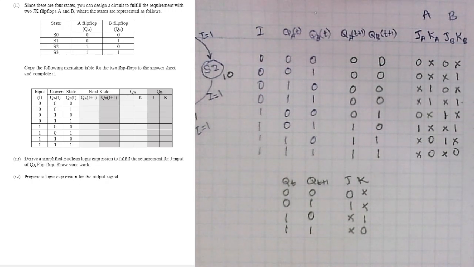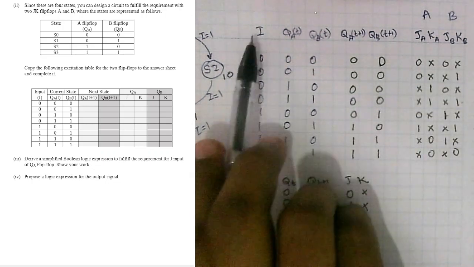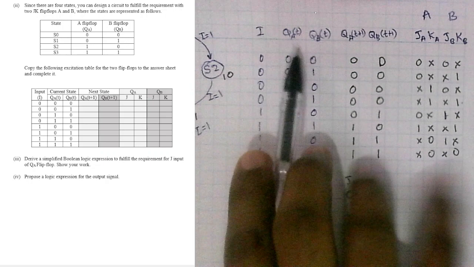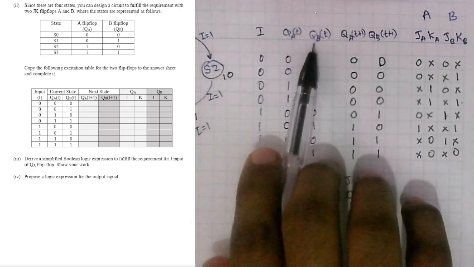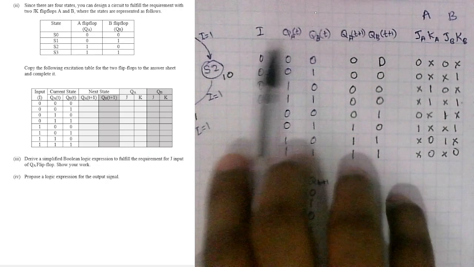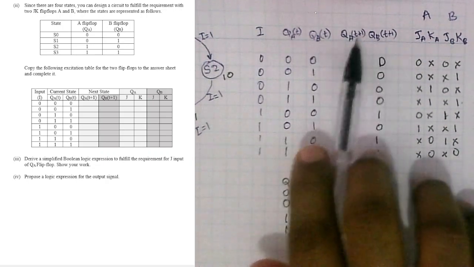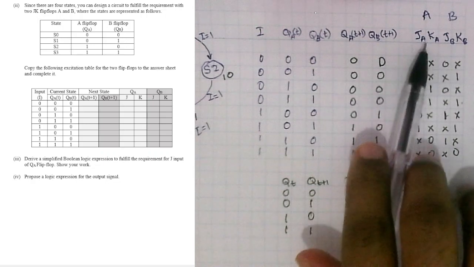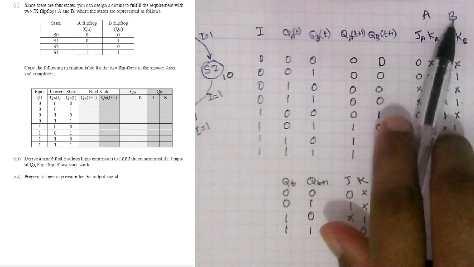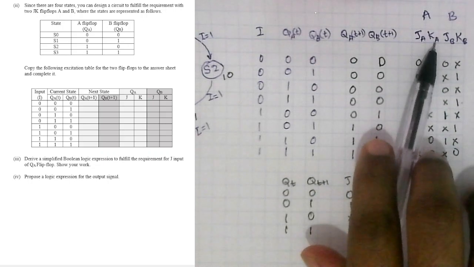Now our circuit is kind of determined because we have a set of excitation signals, right? Then we can come up with the boolean logic circuit for each one of these columns. We know our current three input states, or input signals, and based on these, in order to achieve the next state, we need to set up A and B's excitation signals like this.